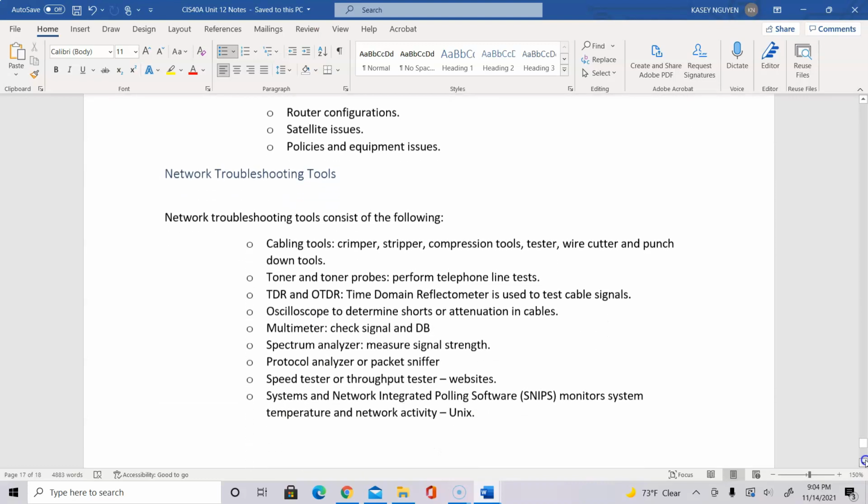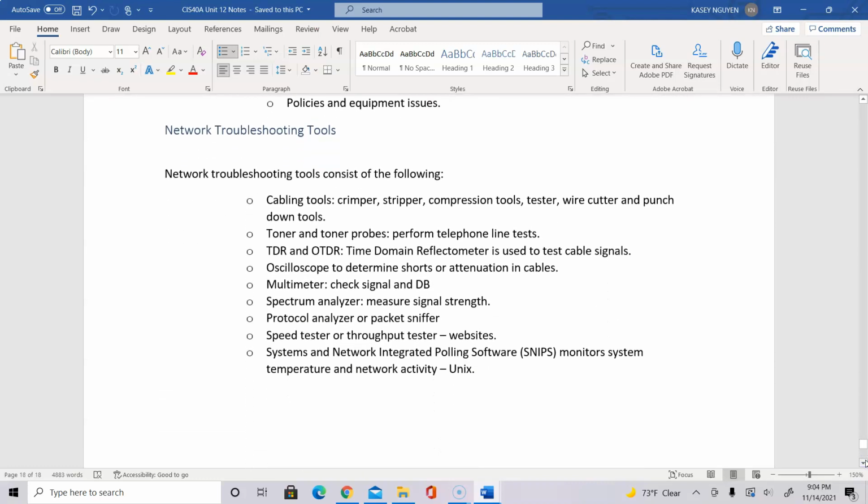Network troubleshooting tools. These are some of the recommended tools for you to troubleshoot the network. On the physical side, cabling tools, crimper, stripper, compression tool, tester, wire cutter, and punch down tools are critical. When you troubleshoot telephone lines, you need to have toner and toner probes.